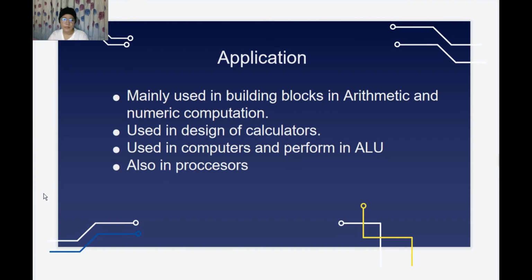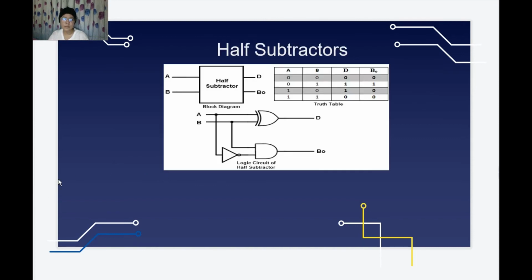The second is the subtractor. Subtractors also have two types, which are the half and the full subtractor. Half subtractor has two inputs and two outputs. This is used to subtract two single binary numbers A and B, with two outputs, D and B, which we can say are the difference and borrow.